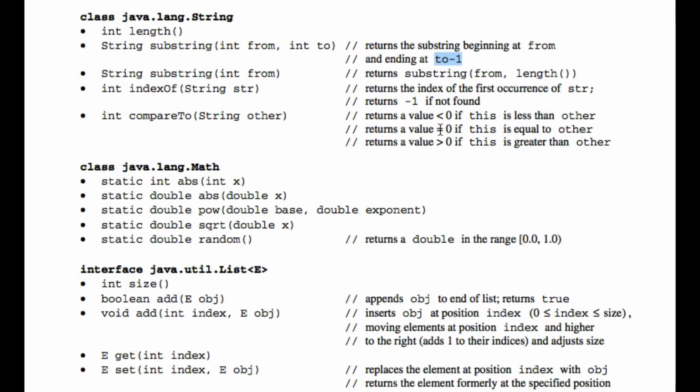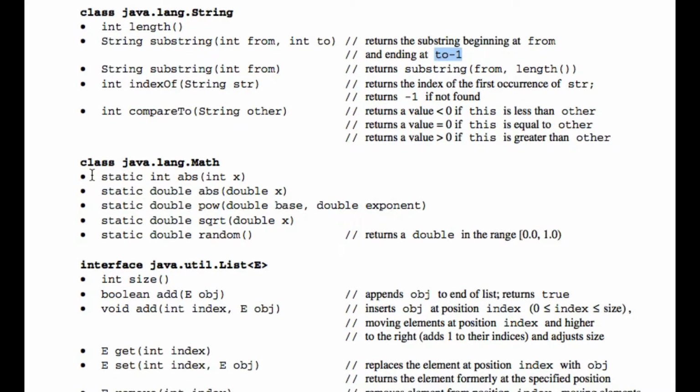If it's 0, it's equal to the other, and if it's greater than 0, it means the thing on the left is greater than the other. But it's right there. If you forget, you can just come back and look at these and get reminded.